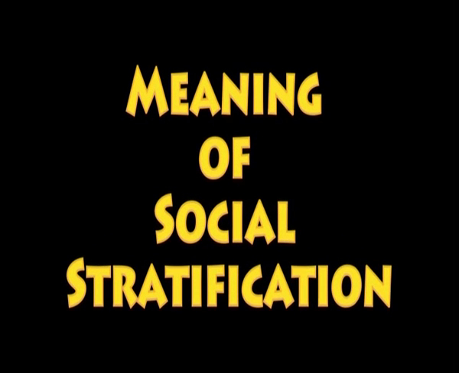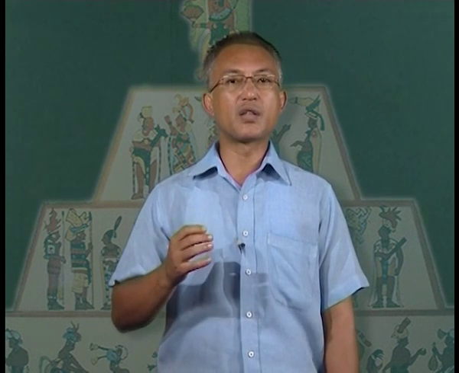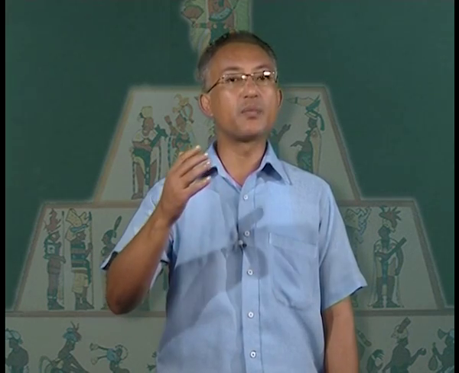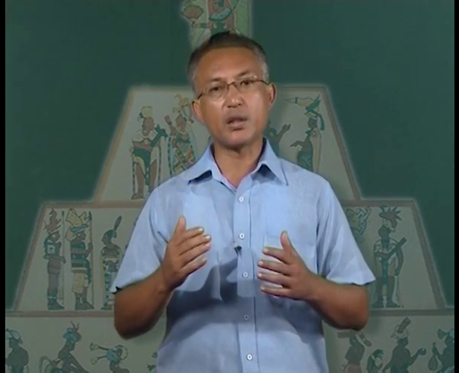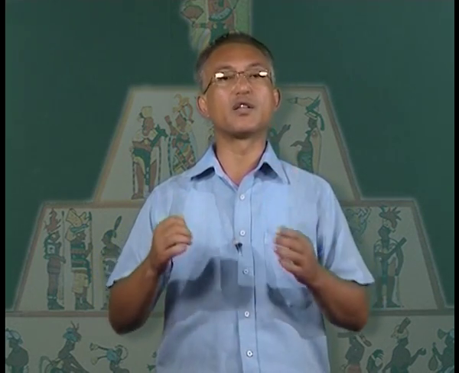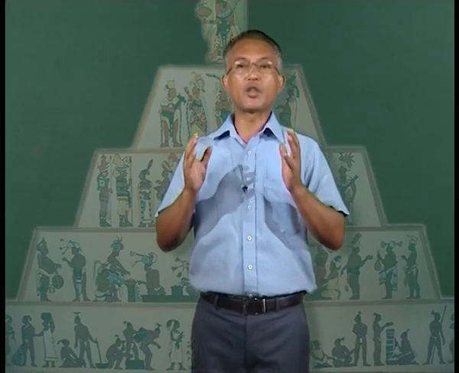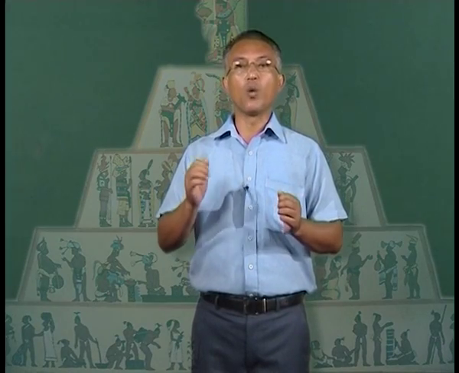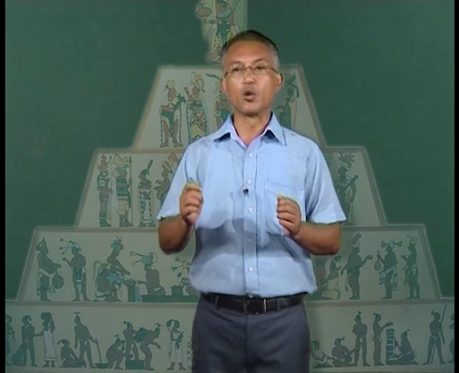Meaning of social stratification. Stratification stands for the arrangement of people in a society into various layers on the basis of social status. The term stratification was originally derived from geology.